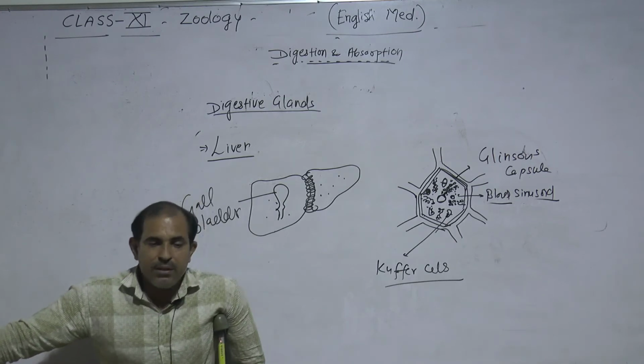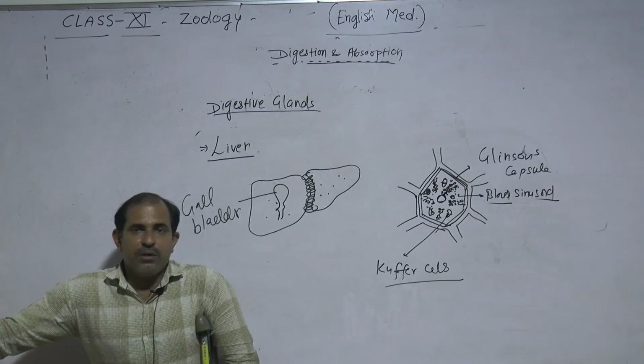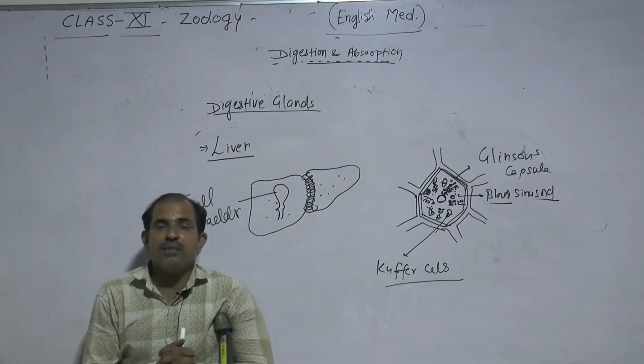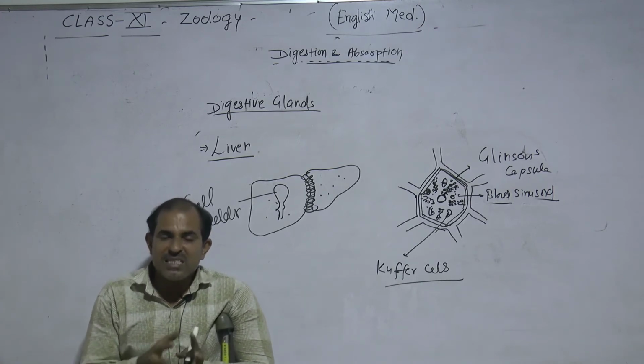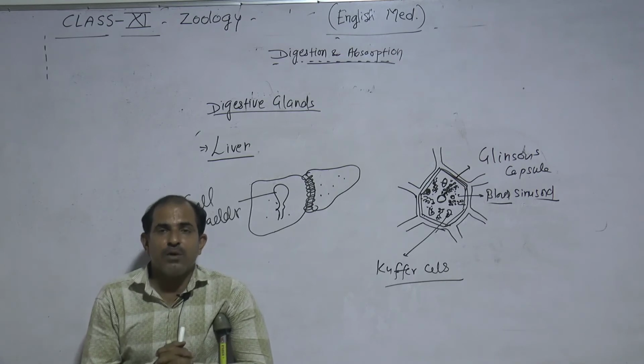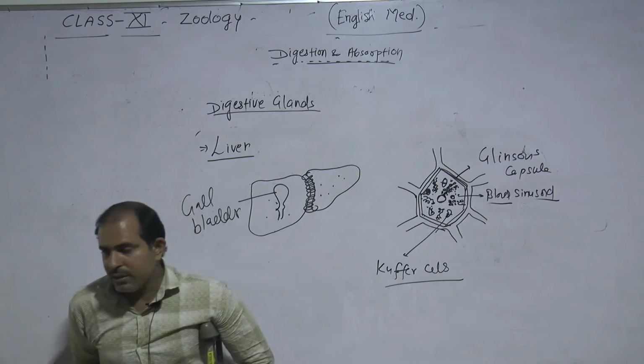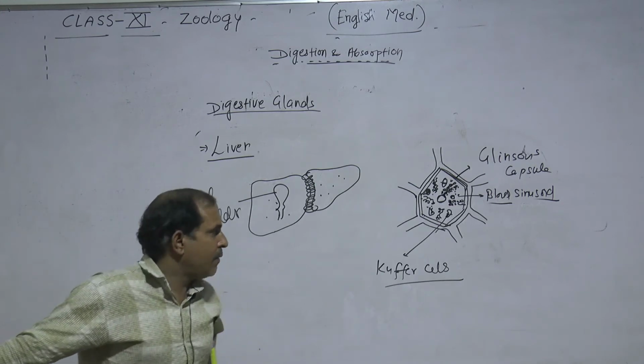And in this blood sinusoid, a specific type of Kupffer cells are present, and these cells kill the microbes that enter into the liver. And this is the structure of liver.